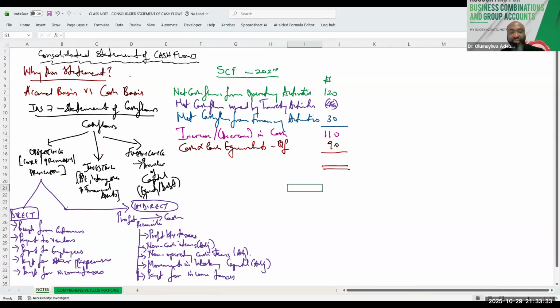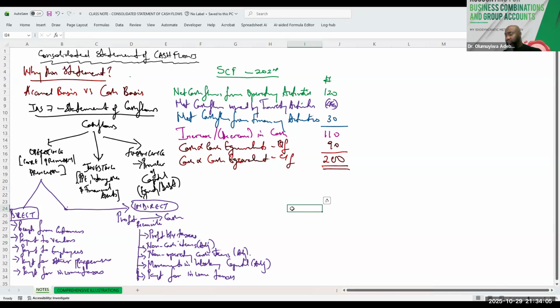And that gives me my cash and cash equivalents as at the end of the year, which is 200. That is a summary of our presentation. That is in line with IAS 7 for a single entity cash flow.